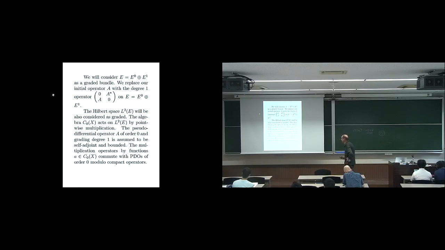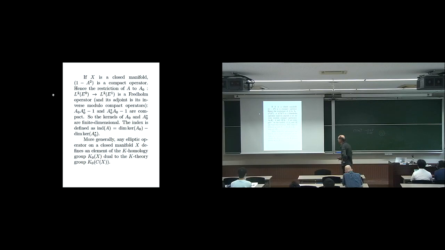Now, the main property which we'll use is that pseudo-differential operators of order 0 commute with multiplication by functions modulo compact operators. So the commutators are compact. That's the main property we will need.